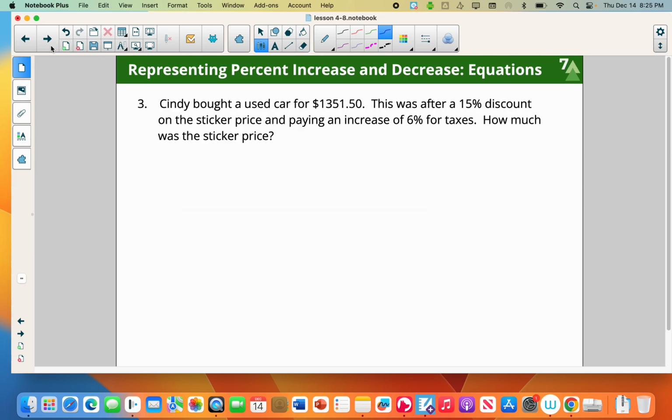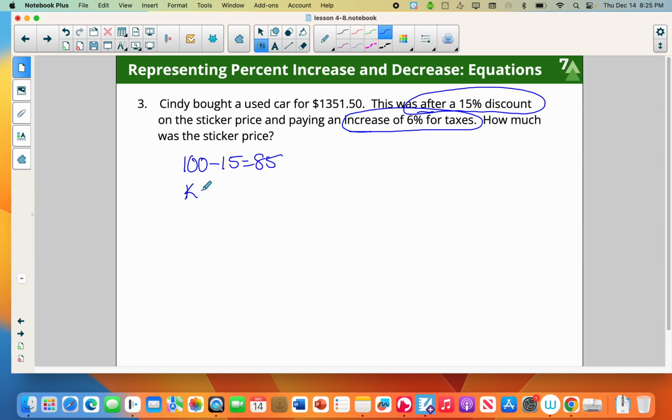And so we need to use that idea in the next one, because Cindy bought a used car for $1,351.50. That was after a 15% discount and after the 6% tax. So 100 minus 15 is 85.